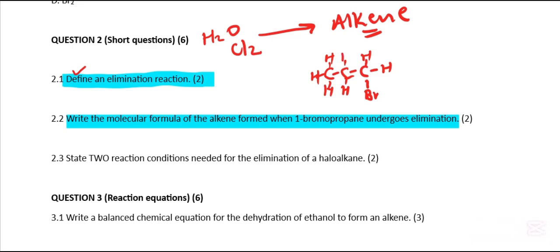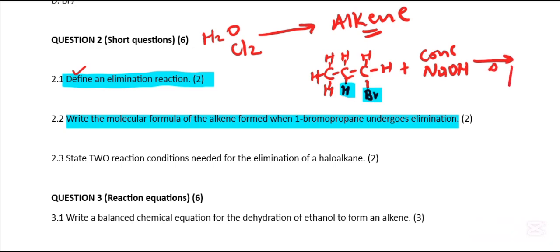Prop means 3 carbon atoms. There is a bromine on the first carbon. In this one, we are going to remove the bromine and the hydrogen, which means the reaction condition we need is a concentrated strong base. I can use sodium hydroxide as well as heat there.